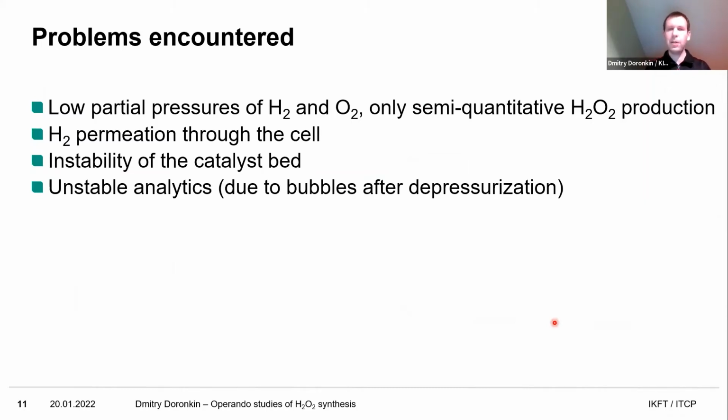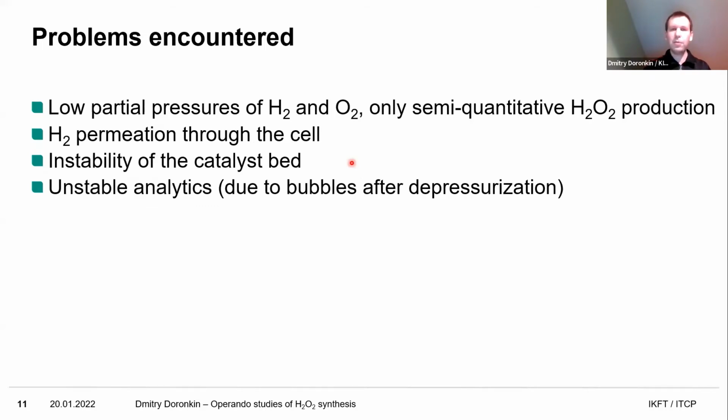On one hand, we got Operando data and we know how the active catalyst looks like. But on the other hand, we had a lot of problems. So only semi-quantitative production of hydrogen peroxide, very low yields, hydrogen going out through the cell, instability of the catalyst bed, and unstable analytics due to bubbles distorting the analysis.